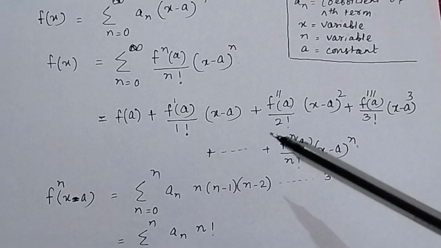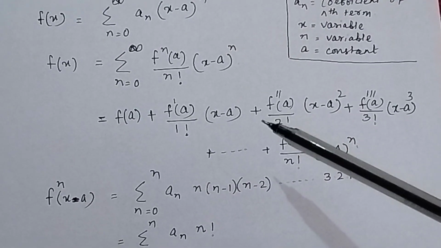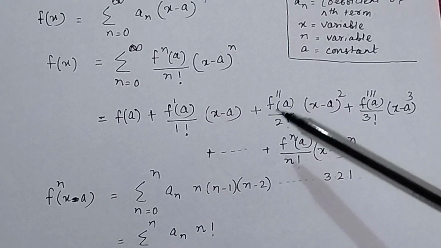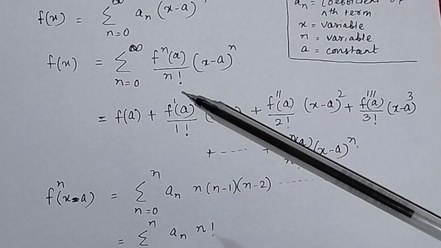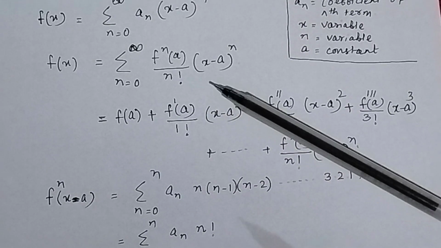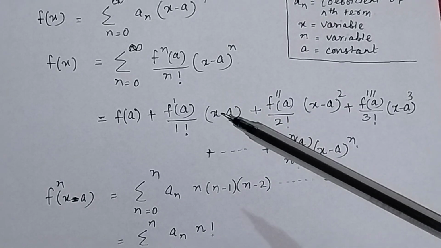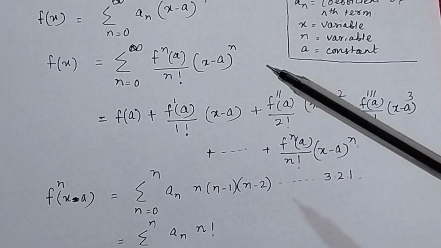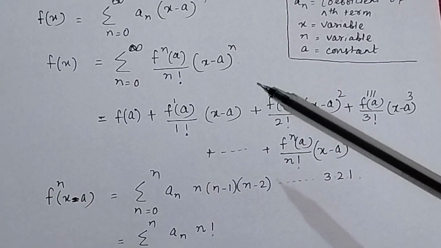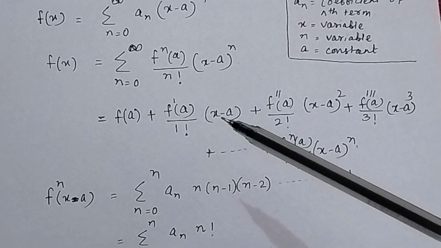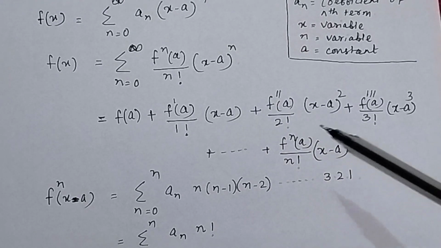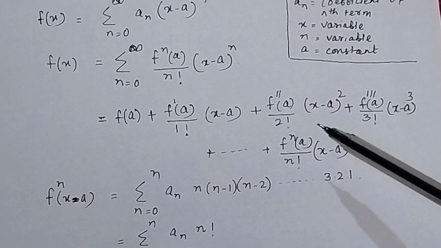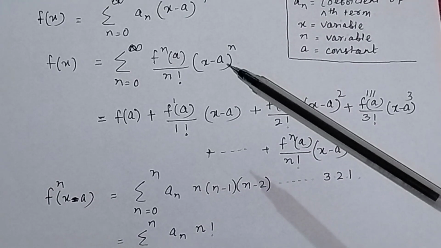Here the factorial means the number of rearrangements, because you are manipulating the nature of the curve. You are manipulating how the curve will look if you take successive derivatives, or slopes, of the function in the vicinity of the point a.